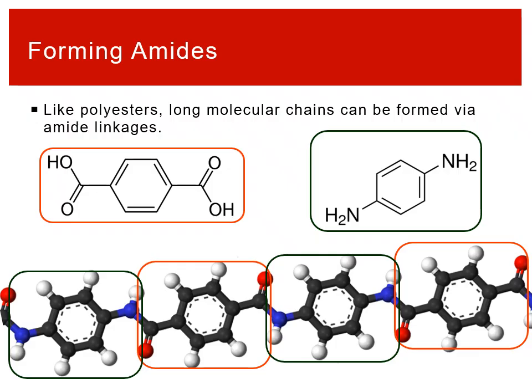You have a molecule that is a carboxylic acid on two sides. You have another molecule that's an amine on two sides, and you react them together, you make these chains, you can turn those chains into threads and put them together. Nylon is one type of polyamide. This is not it.